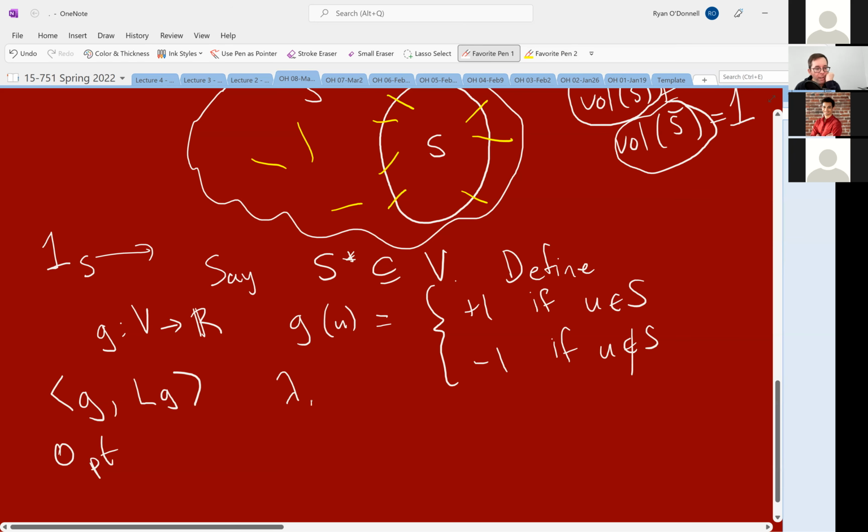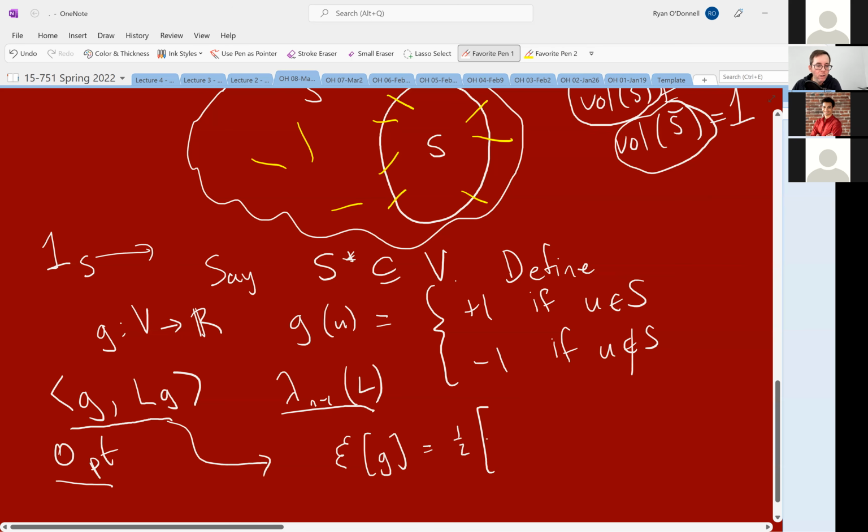There's also lambda_{n-1} of L. Should we try calculating one of these things and see what happens? Sure. What should we calculate? If you do the quadratic form thing, it's very similar to the thing when we assumed the indicator of S. It's just a transformation of that, and then you could use properties of the quadratic form to solve it.